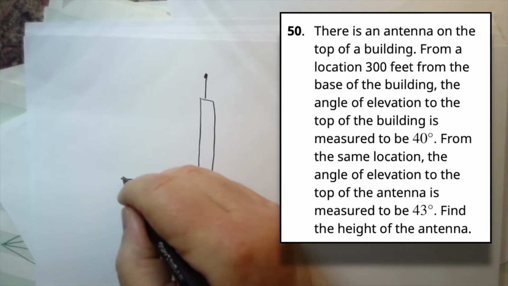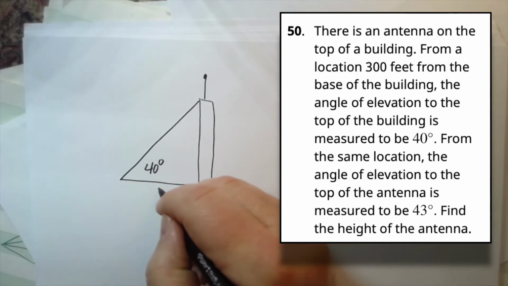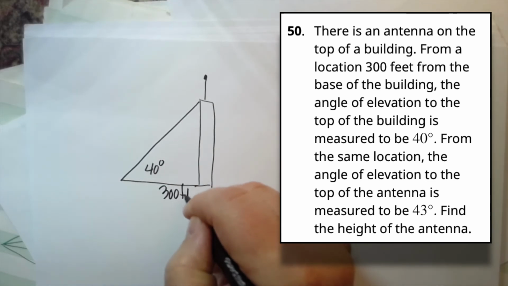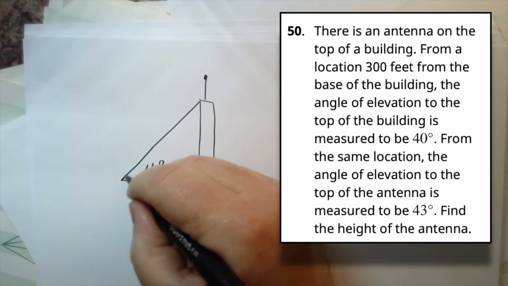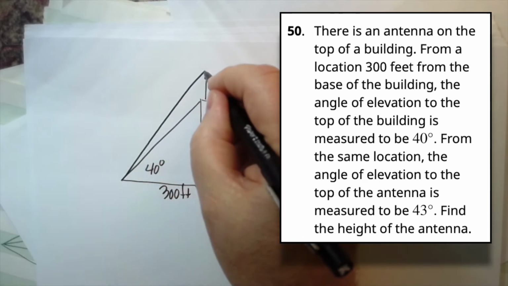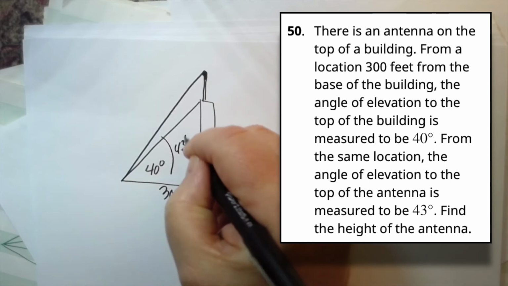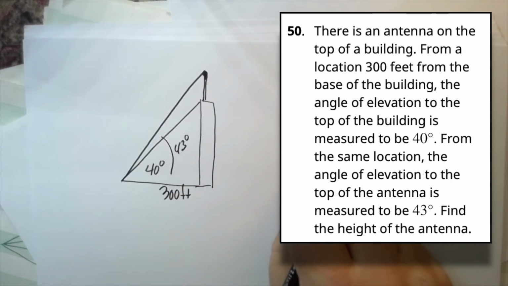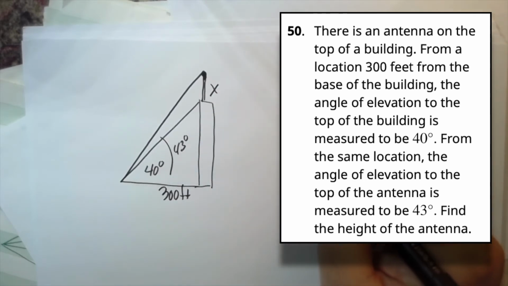So here, the angle of elevation is 40 degrees, and we're 300 feet from the building. From the same location, the angle of elevation to the antenna is 43 degrees. Find the height of the antenna. So you want to find this.